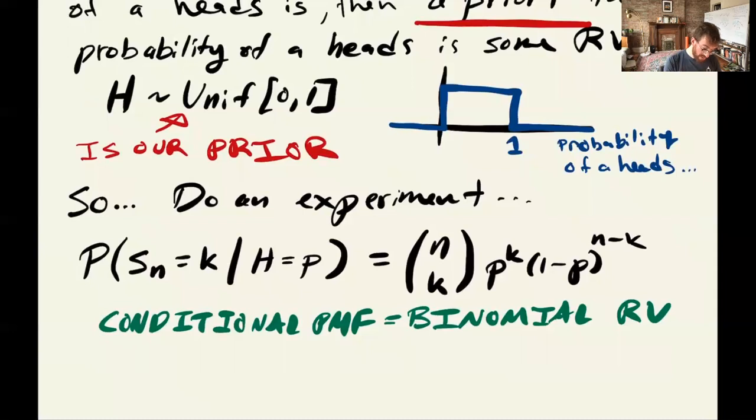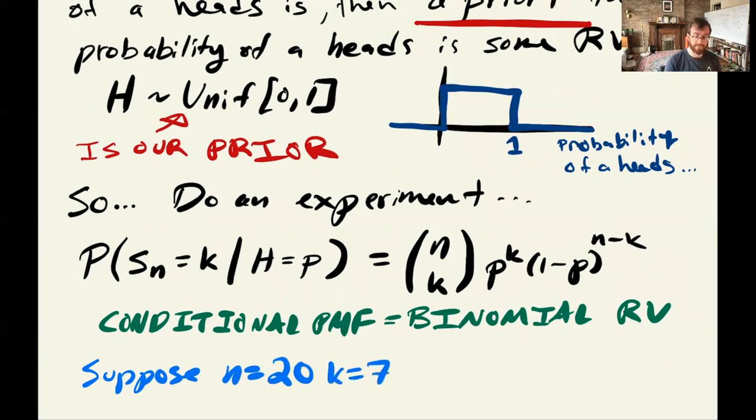So let's suppose that we actually flip this n times, let's say 20 times, and we get 7 heads. How does that affect the shape here? So now we want to use Bayes' rule. So suppose n equals 20 and we get k equals 7.